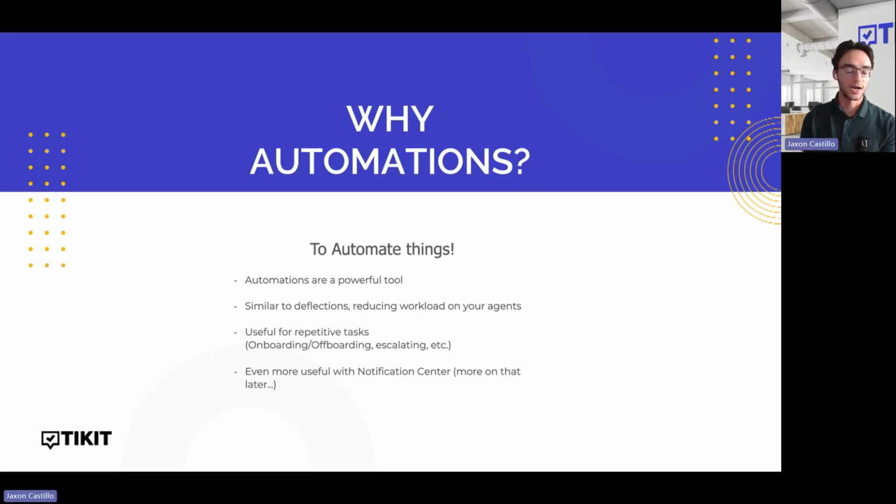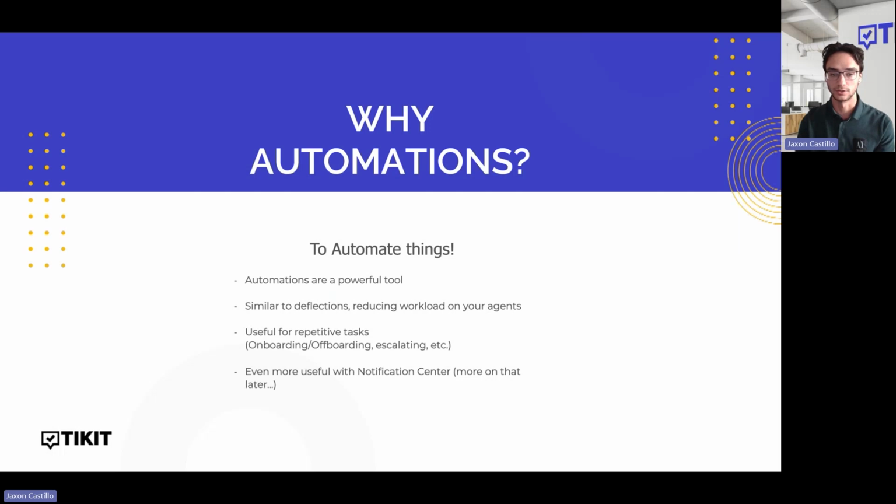So why automations? In the name, you want to automate things. It's a very powerful tool in Tikit. It allows you to, like we spoke about last week with deflections, reduce the overall workload on your agents. A lot of what we want to do with Tikit is to reduce the workload on your agents to make things as seamless and as smooth as possible.